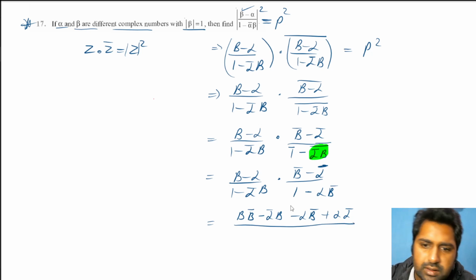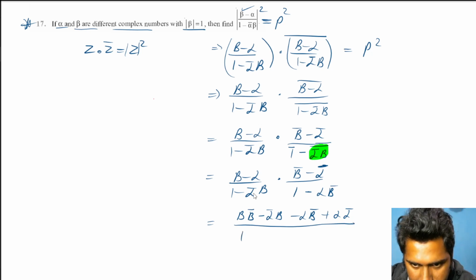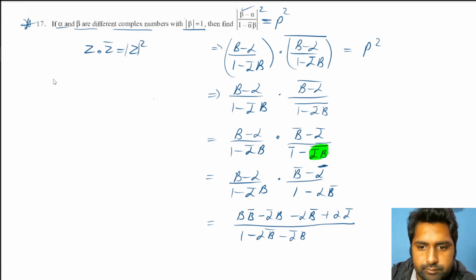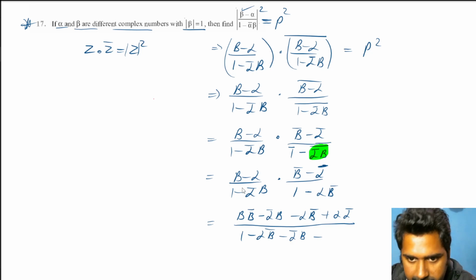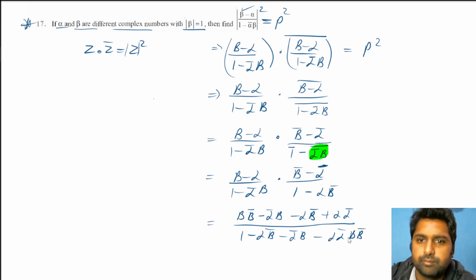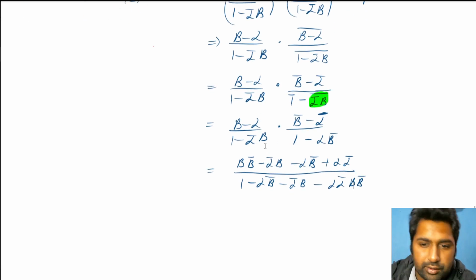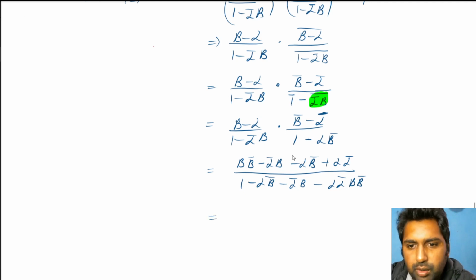Denominator, let's multiply, 1 into 1 is 1, 1 into alpha bar is alpha bar beta... 1 into minus alpha beta bar, then minus alpha beta bar into 1, and lastly negative negative, alpha alpha bar beta beta bar. I know it's looking slightly ridiculous, a lot of terms are there, but trust me, it's just about to get solved because all the properties are now being applied.